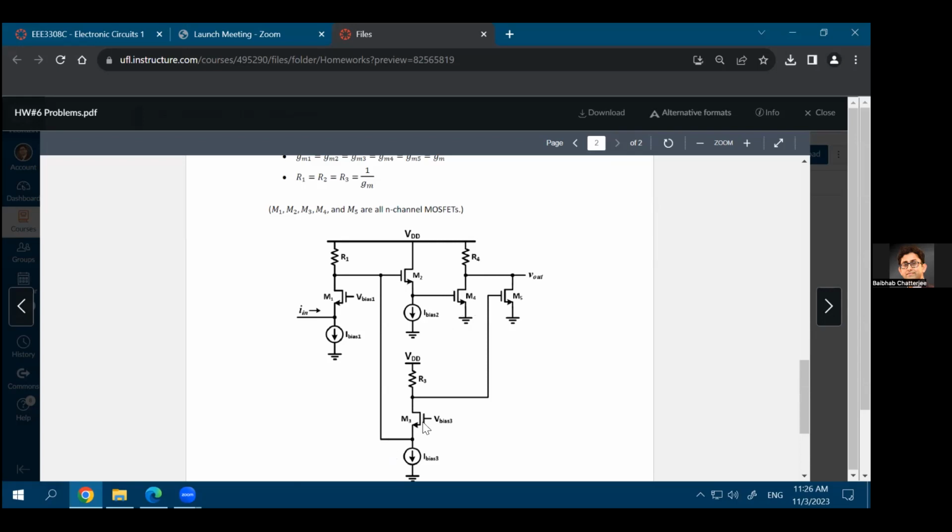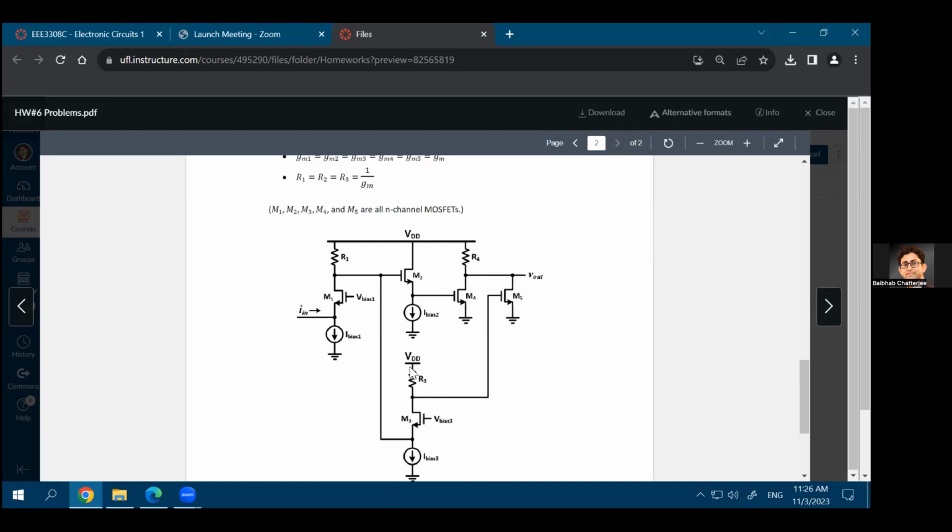However, here you have another common gate stage, and the voltage that we apply at this point, we have already found out, is the voltage at the drain node of the M1 transistor. That voltage goes to the source of the M3 transistor. And you already know the equation for voltage gain for a common gate stage, which is Gm times Rd. So Gm of this transistor multiplied with Rd.